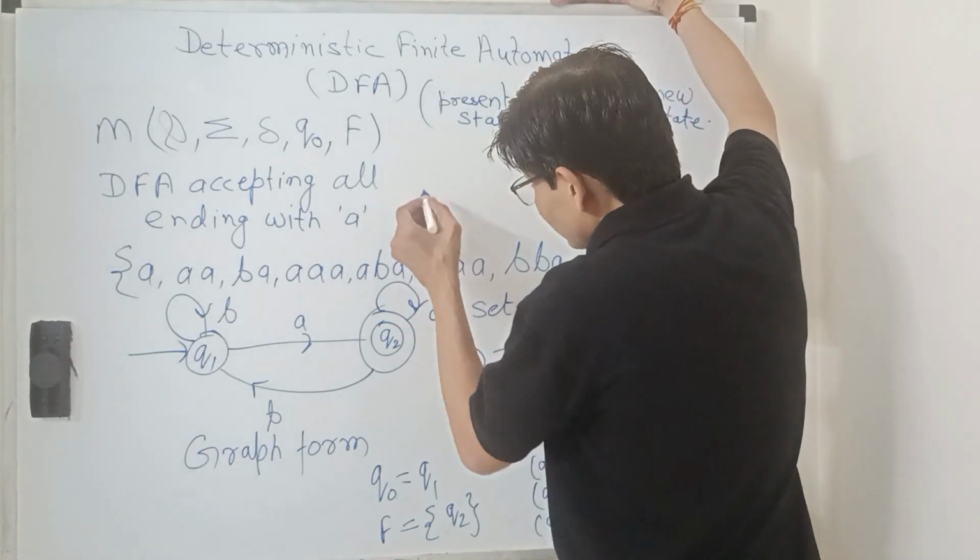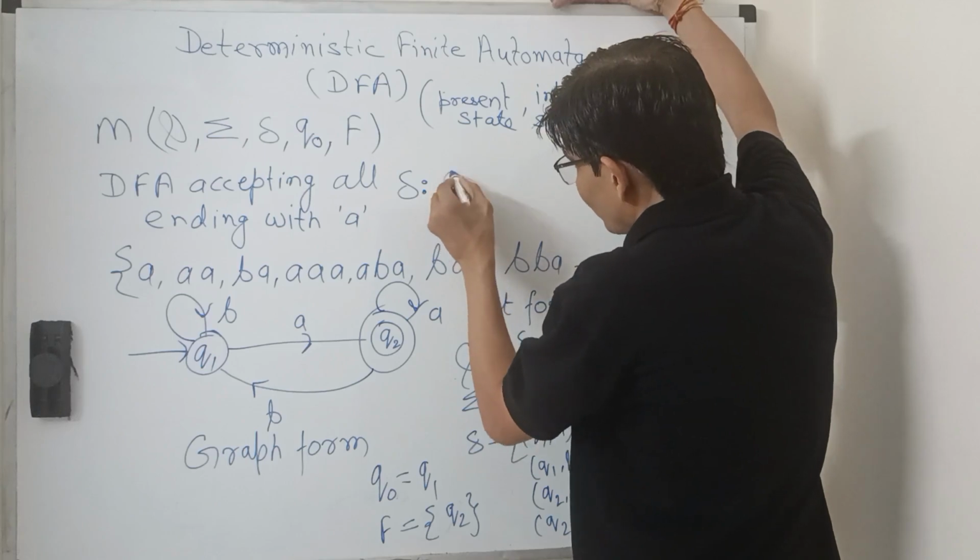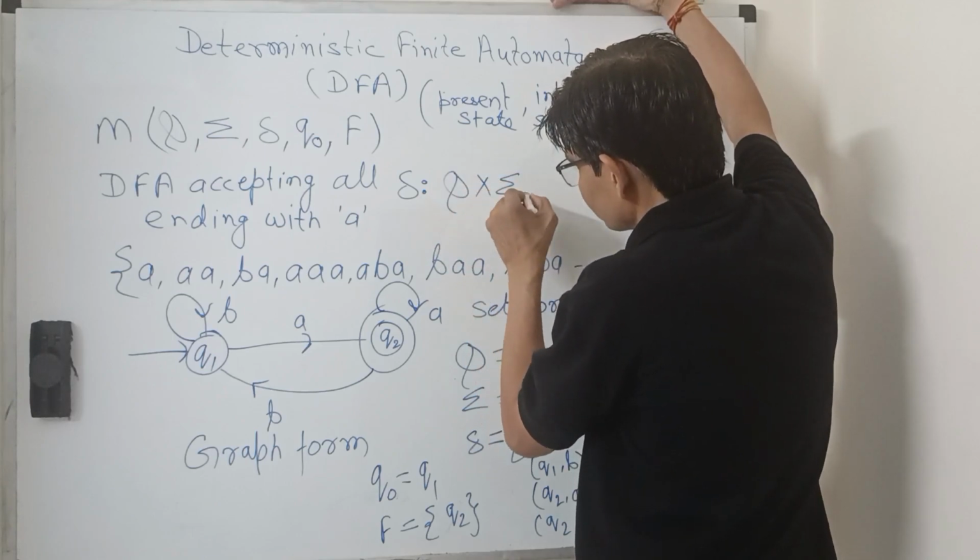Now one more representation for delta is in the form of Cartesian products.